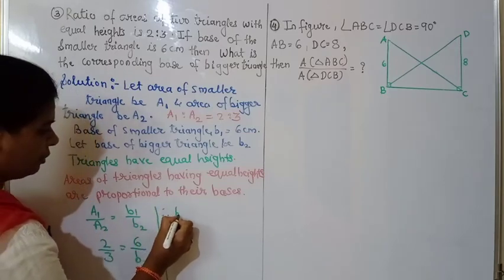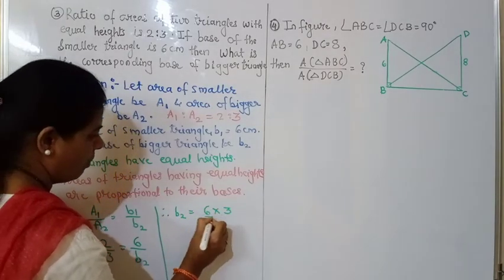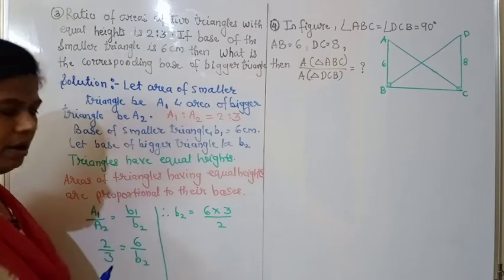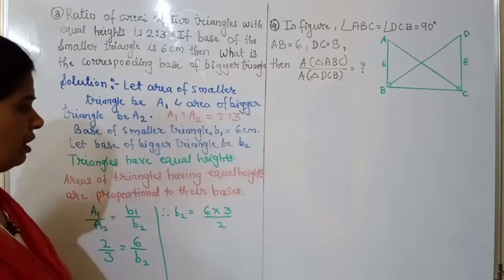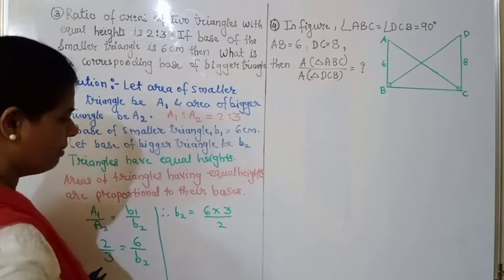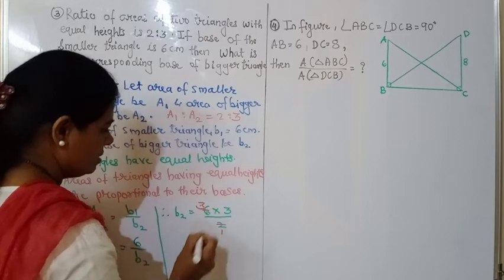Therefore, B2 is equal to 6 into 3 upon 2. We cross multiply: 6 into 3 upon 2. We will divide this now. 2 ones are 2, 2 threes are 6.